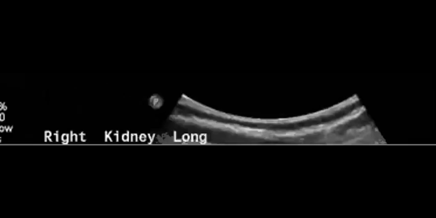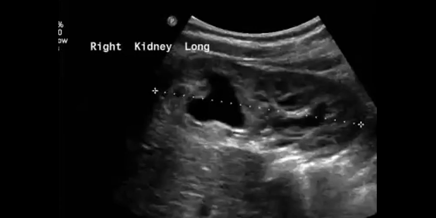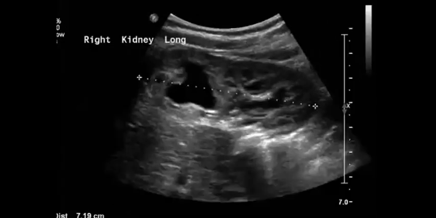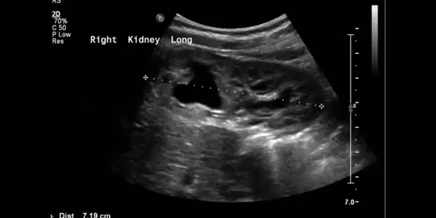Let's go to some other images. So you can see the right kidney by ultrasound. So there is hydronephrosis of the upper or lower calyces? Yes, there is upper hydronephrosis.